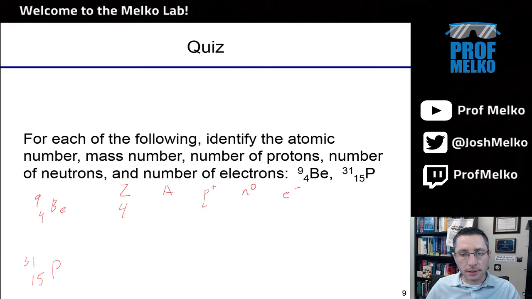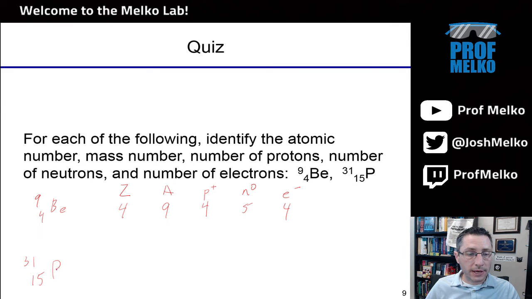That also represents the number of protons. The mass number, upper left, 9. That is protons plus neutrons. So the number of neutrons here is always the difference between Z and A. Here that is 5. There are 5 neutrons plus 4 protons, make up the 9 total for the mass number. Assuming this is a neutral atom, the protons, that positive charge, always has to equal the negative charge. So whatever the protons are, there must be the same number of electrons.